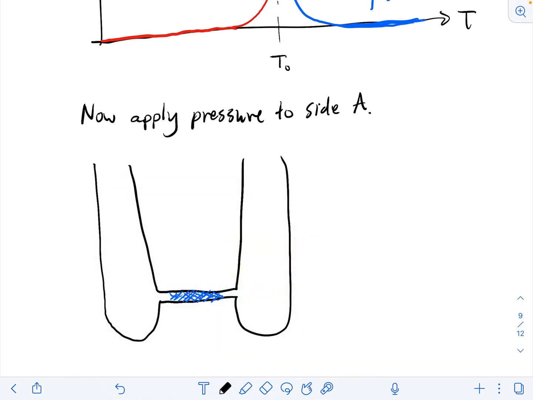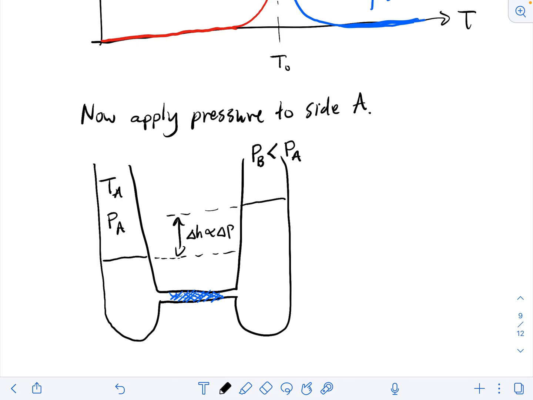The normal fluid can't pass through the super leak, and so that means that only the superfluid passes through the super leak, and so what we end up with is here's TA and PA, and here is pressure B, which is less than pressure A because we're pushing on side A, and there's now a height difference, and this height difference is proportional to the pressure difference that we applied.